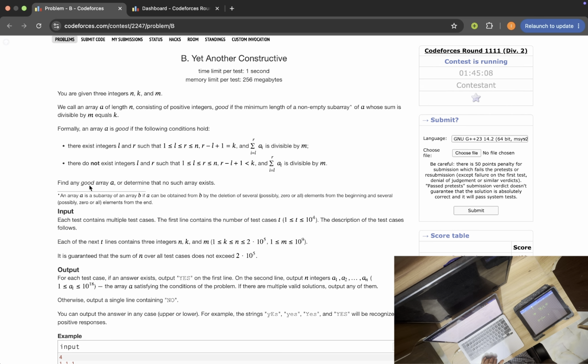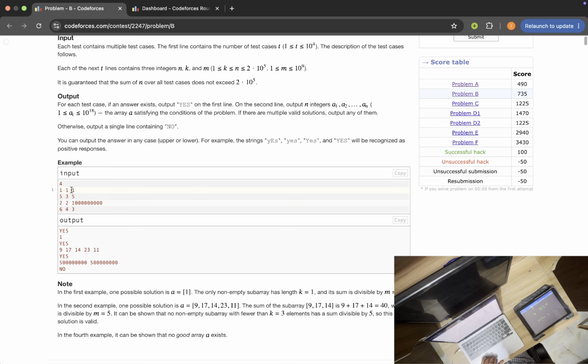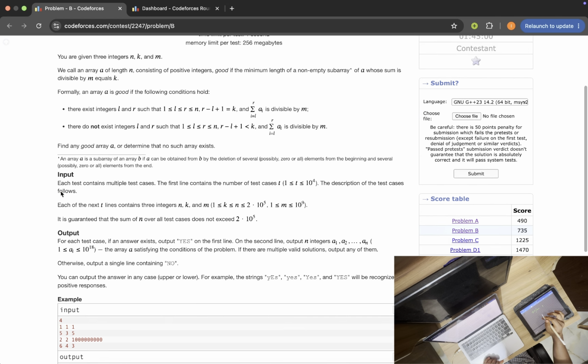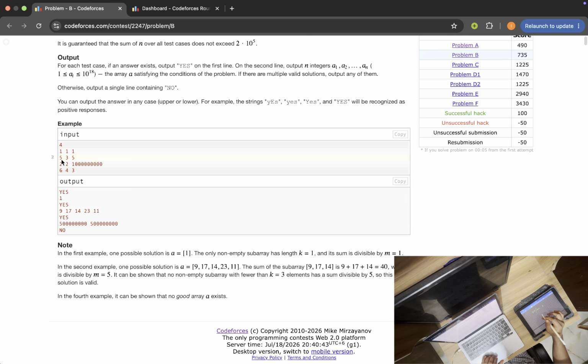Find any good array if such exists. Okay, so I have n, k, m.